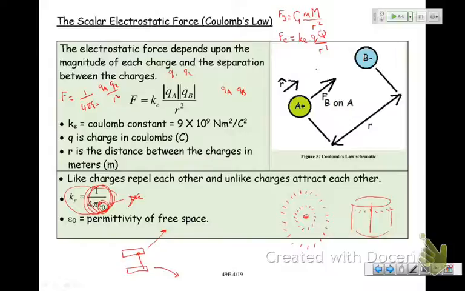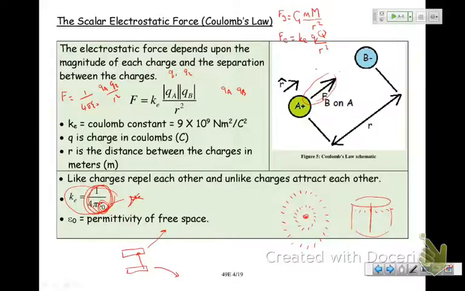I would sooner you just did a diagram and said, oh, look at that. That's positive, that's negative. My force must be in that direction because that's attractive. And then you can figure out, if you want to put a sign on there, what sign it would be. I think the book tends to codify things a little too much. It's traditional. And so you've got to remember the nomenclature.